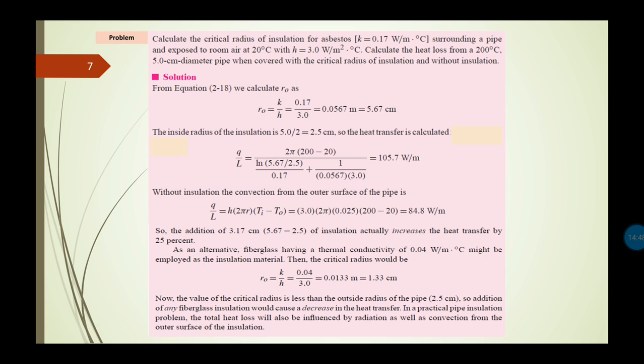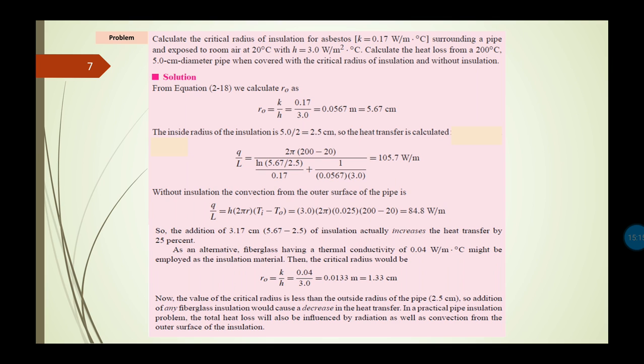So the heat transfer can be calculated as Q by L, using the formula that we have seen in the last slide. We have put all the given values in this equation, and after the calculation we get Q by L equals 105.7 watt per meter.